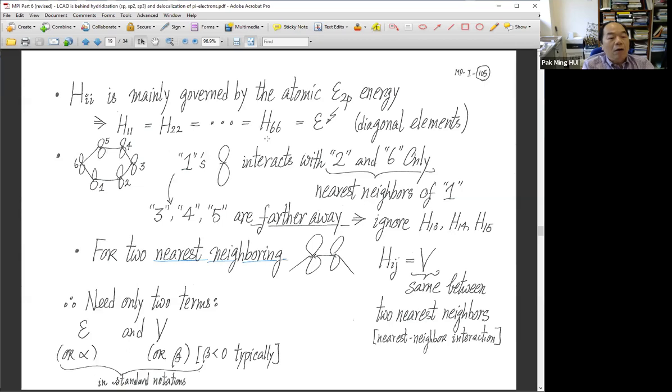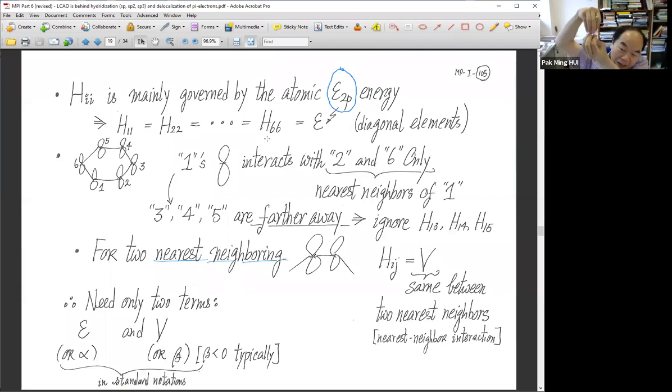Okay, now I know what HII, the diagonal thing, should be. Even if I write down the big full Hamiltonian with 6 atoms, from previous experience it will be related to the atomic 2p energy. So the diagonal one, I will take it as the 2p energy, because that is more like an atomic physics problem.